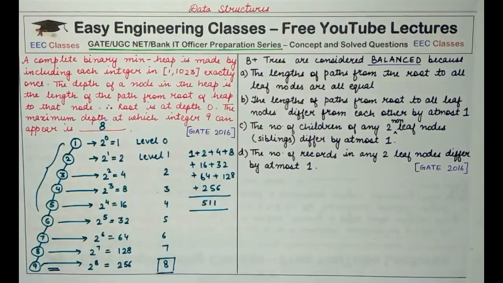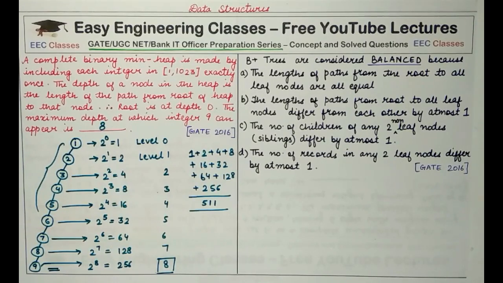So in B trees or in B plus trees, you have to remember that the main concept by which these trees remain balanced, or maintain their property of being balanced at all the levels, is that during insertion and deletion, they ensure that the length of the path of all the leaves from the root is equal.